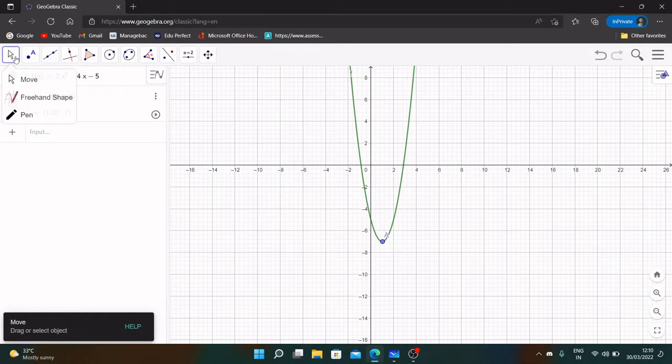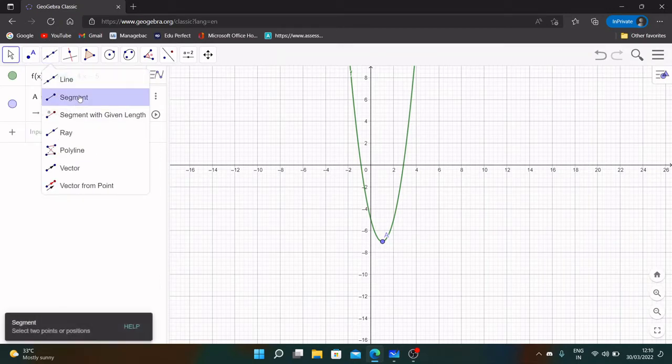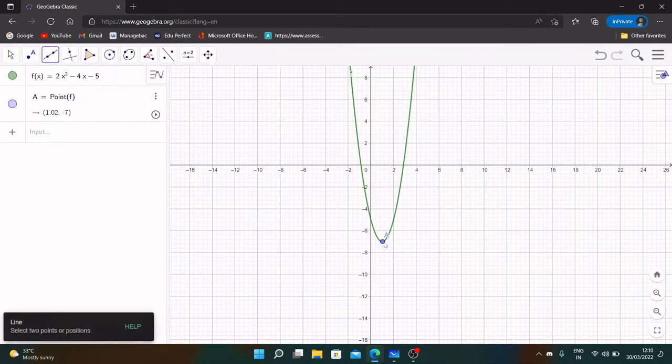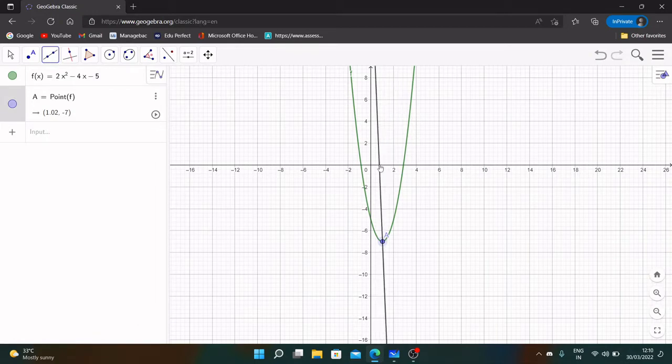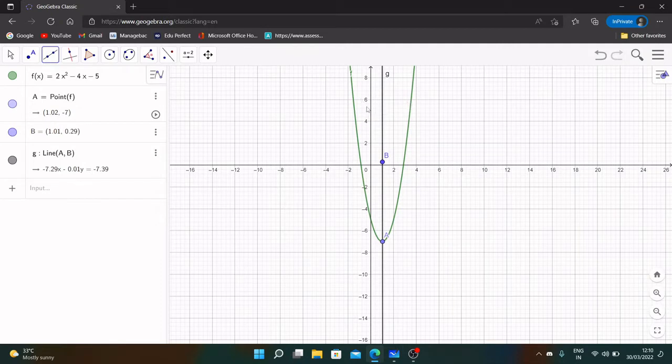A line drawn through this point would be the line of symmetry. Suppose we draw a line through this point, like this maybe. This would be the line of symmetry. You see, on both sides it looks the same.